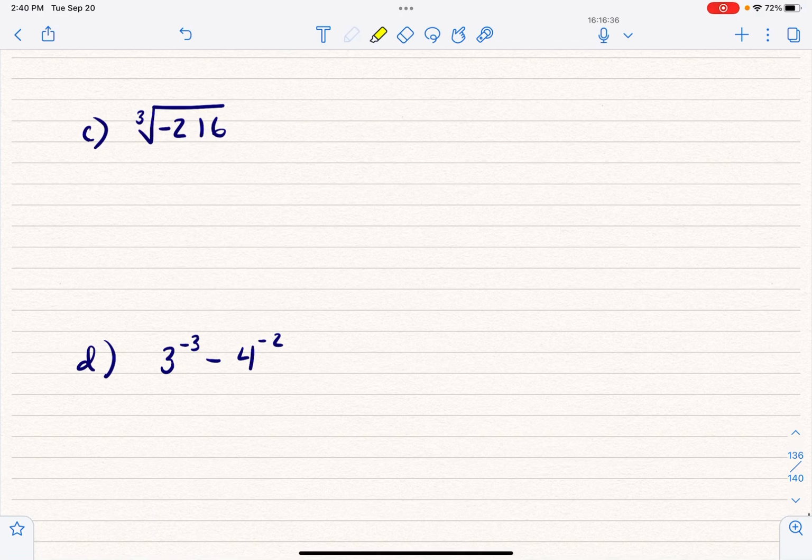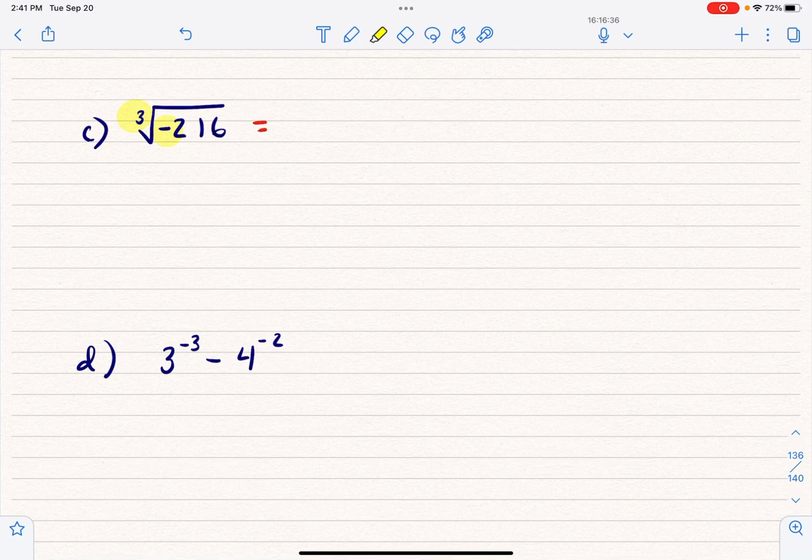All right, for part C. This one right here, a couple people freaked out because they saw the negative sign. But it's okay to have a negative under an odd numbered root radical. You can't have it under a square root or fourth root, but under a third root, that's completely fine.